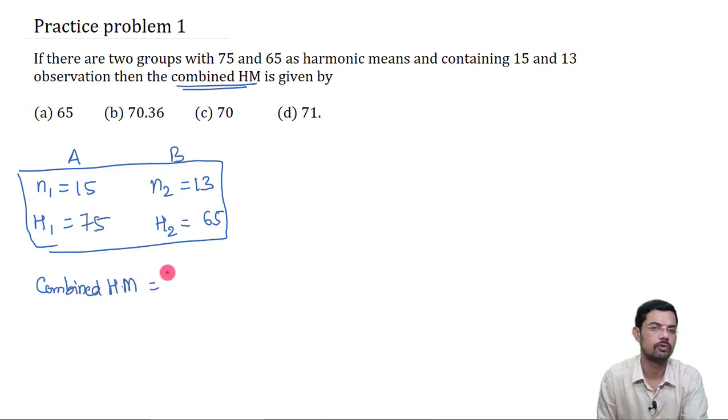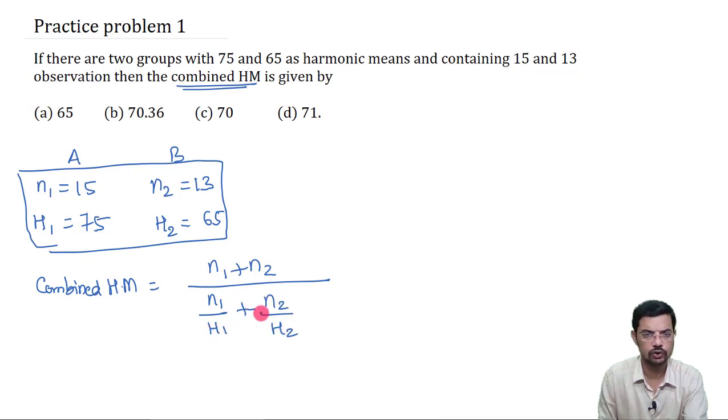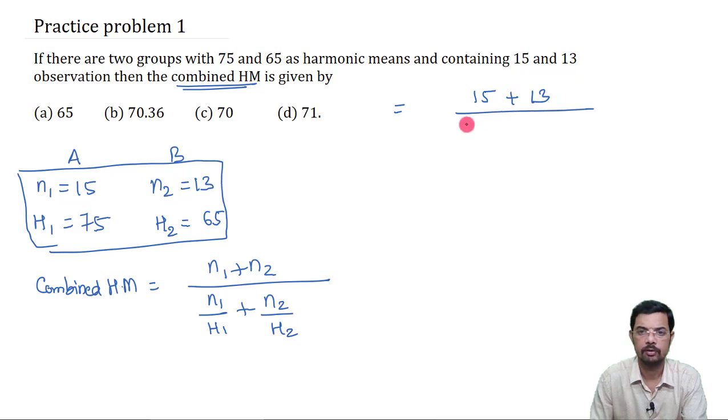We know the formula: (n1 + n2) divided by (n1/h1 + n2/h2). So n1 plus n2 is 15 plus 13, divided by 15/75 plus 13/65.